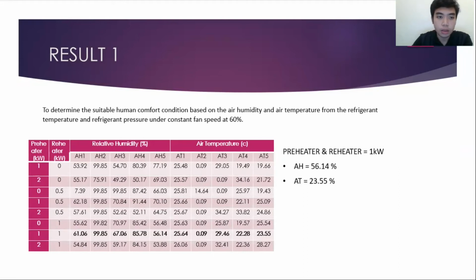So we can see that at preheater and reheater of 1 kilowatt, the data is inside those ranges. So we will choose energy consumption of 1 kilowatt for both preheater and reheater for the next step.